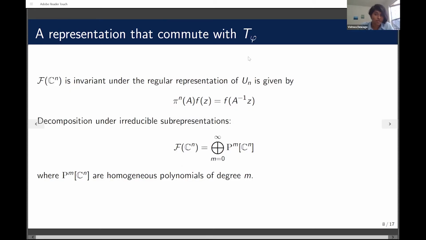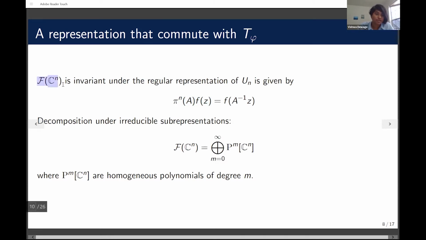Now, to show that the algebra is commutative and to diagonalize the Toeplitz operators, we use representation theory, and we have the regular representation of U(n) given by pi n of A applied to f(c) equal to f of A inverse c.